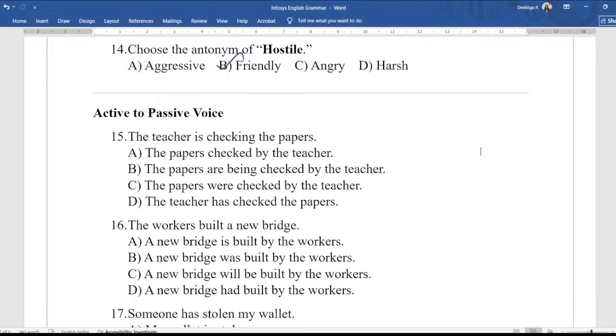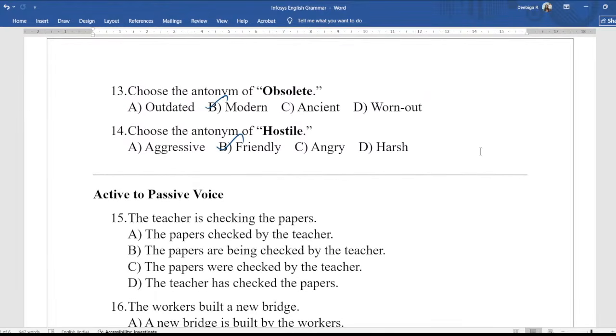Active to passive voice. So, how can you identify if a sentence is in active voice? If it is in SVO format, then that is in active voice. If it is in OVS format, that is in passive voice.